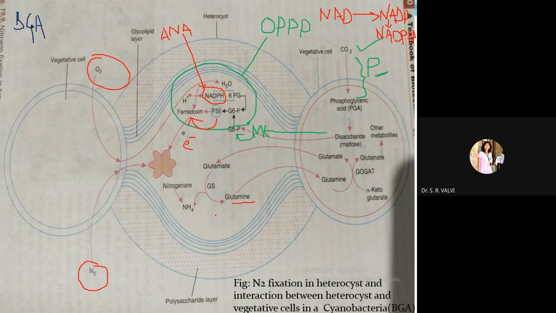NH3 is nothing but ammonia, and NH4 plus is nothing but the ammonium ion. This ammonium ion is non-toxic, whereas ammonia is very harmful or toxic.